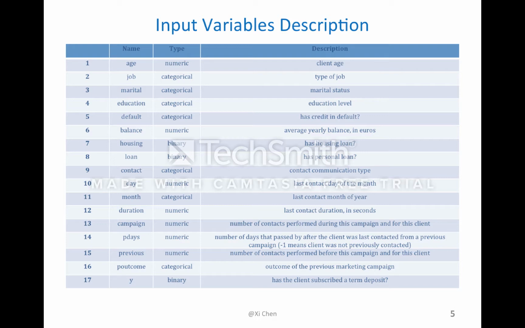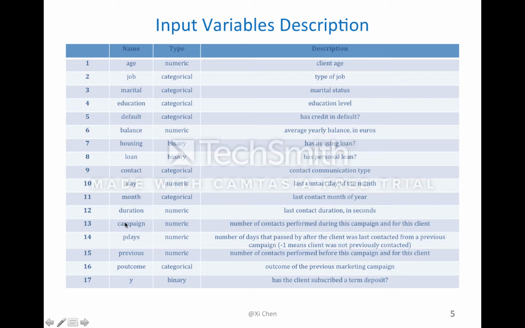This page shows detailed information about input variables, including the variable's name, type, and also the descriptions. You can see from variable number 1 to 9, these variables are information about the bank client, such as what is the age of the client, what type of job does the client do, education level, whether a client has housing loan, personal loan, or what is the yearly balance of each client in account.